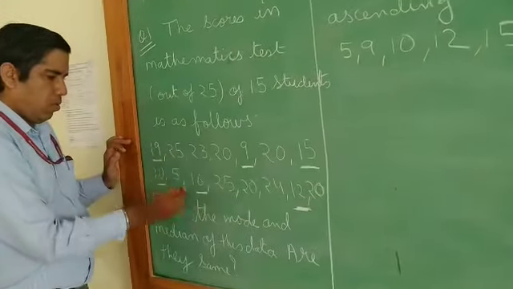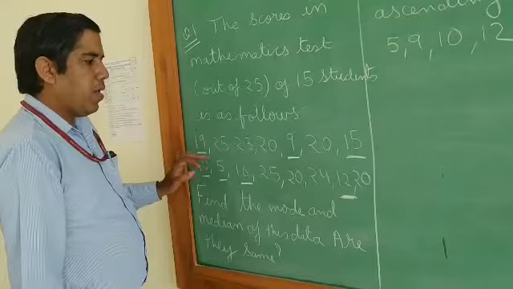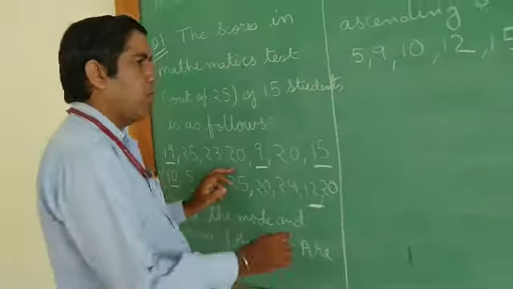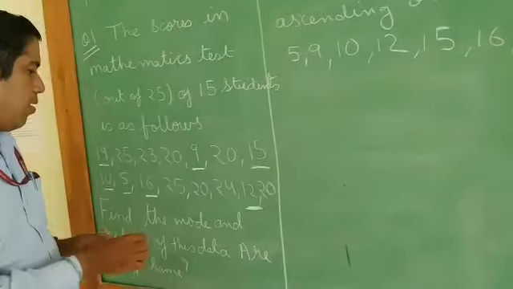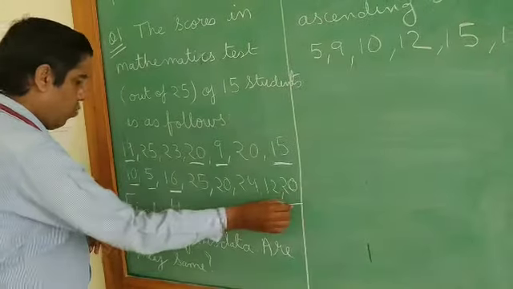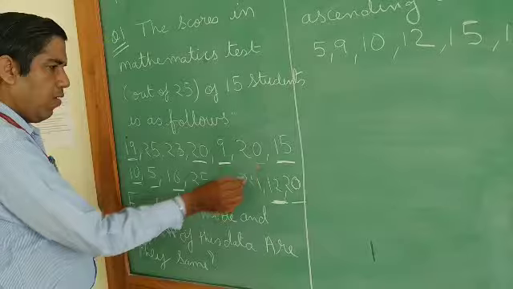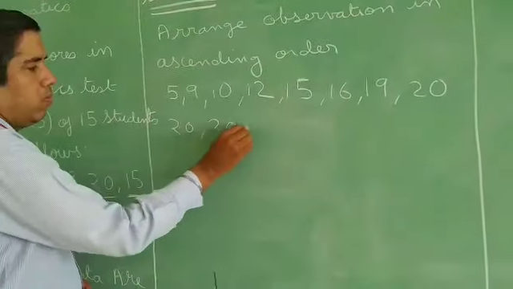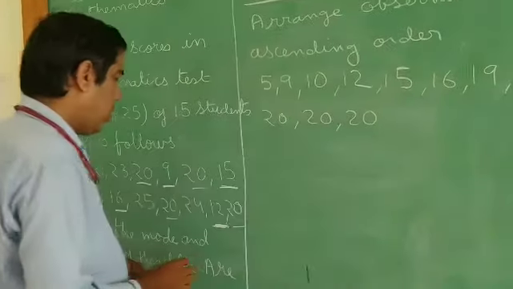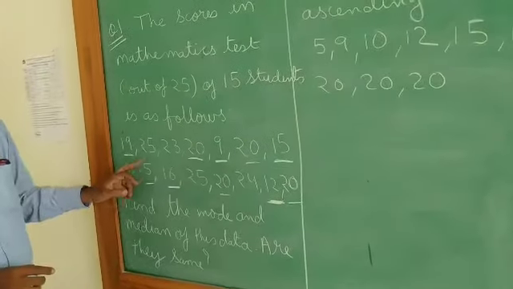Now 20 is there. Yes, 20 is there. But how many 20s are there? Just see here: 1, 2, 3, 4. 4 20s are there. Now 21 is there?